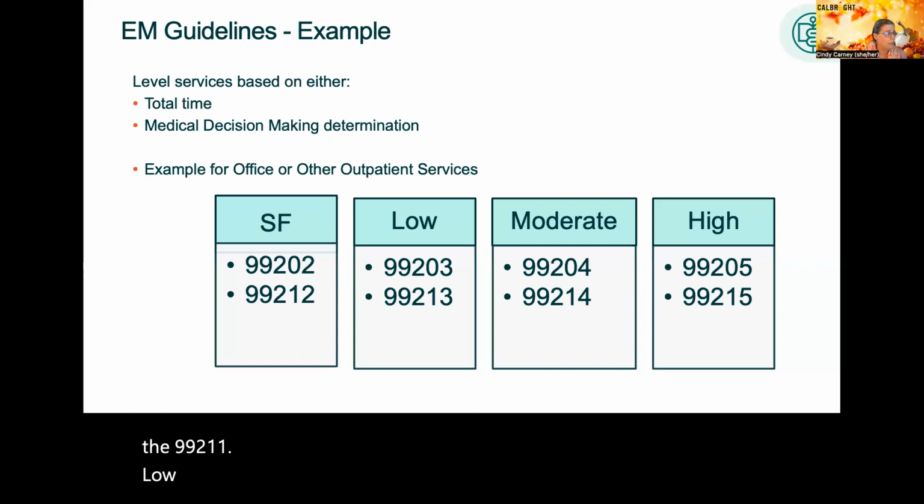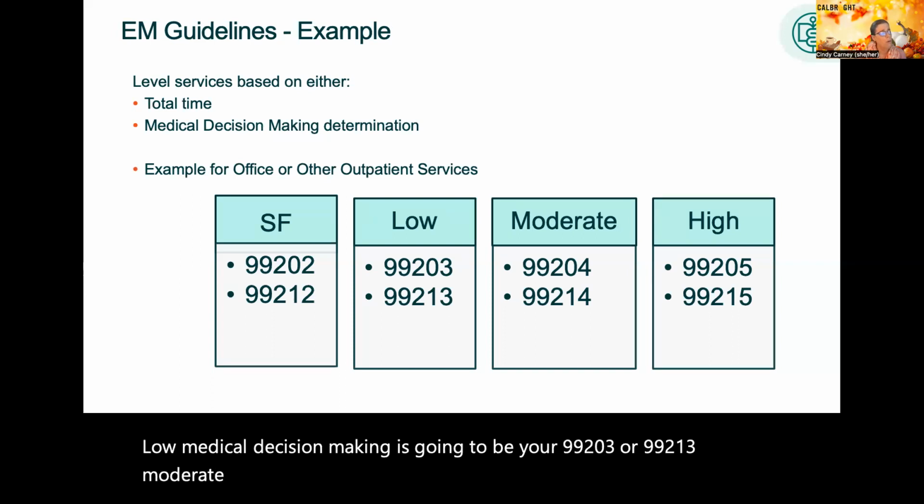Low medical decision making is going to be your 99203 or 99213. Moderate, 99204 and 99214, and your high, 99205 and 99215.